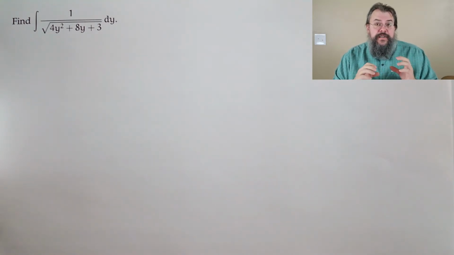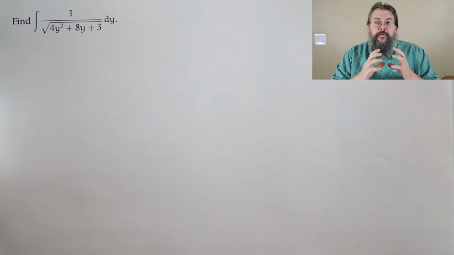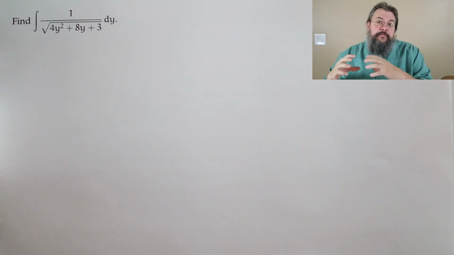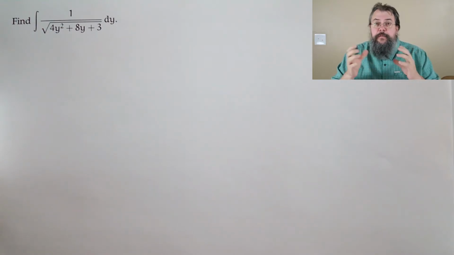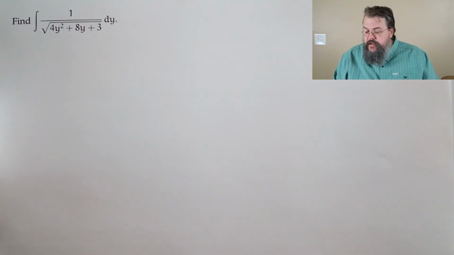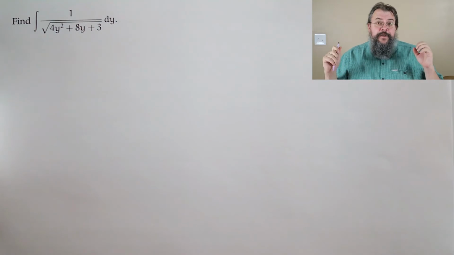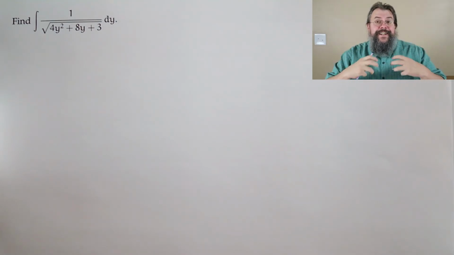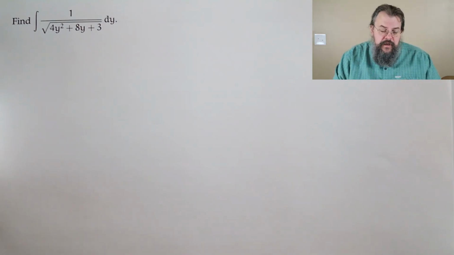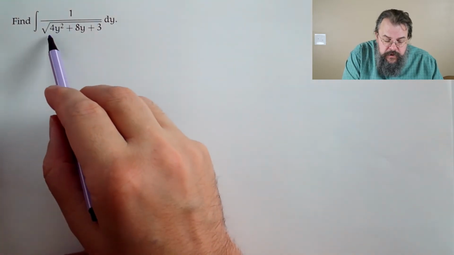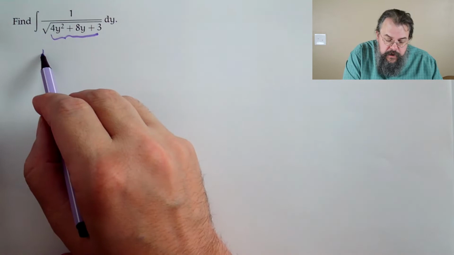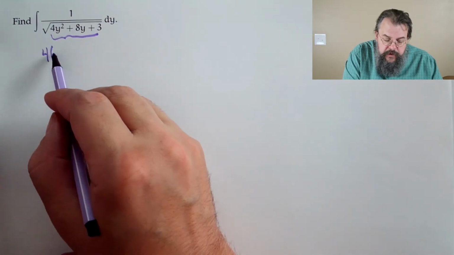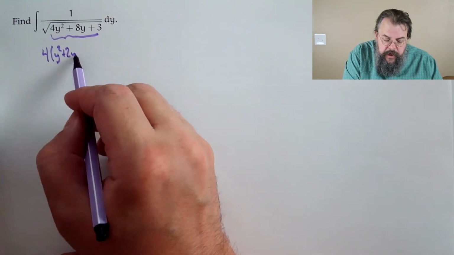For it to be trig sub, we really need to have something varying squared and some constant part. And usually we think of it as constant squared in some appropriate combination. So if we're going to do trig sub, we've got to first get it to that point. So what can we do? Well, looking at this part, we can pull a 4 out of the y squared plus 2y.